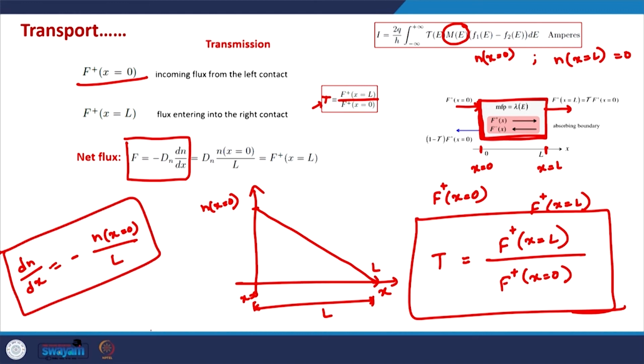By applying Fick's law, the net flux reaching the right side becomes minus the diffusion constant D_N times dN by dx. So it becomes D_N times N(x=0) divided by L, and this is the flux reaching the right contact.